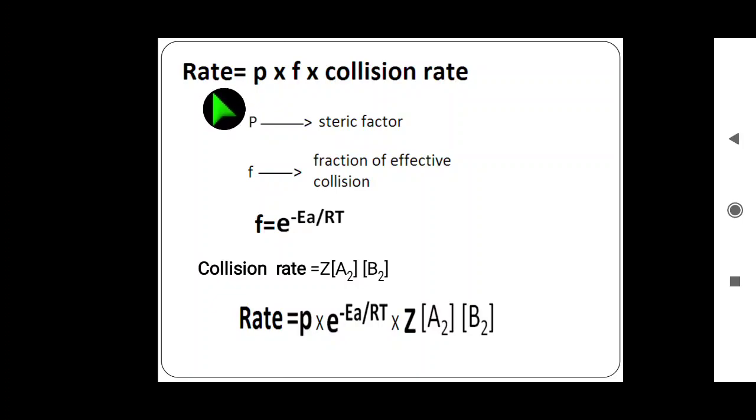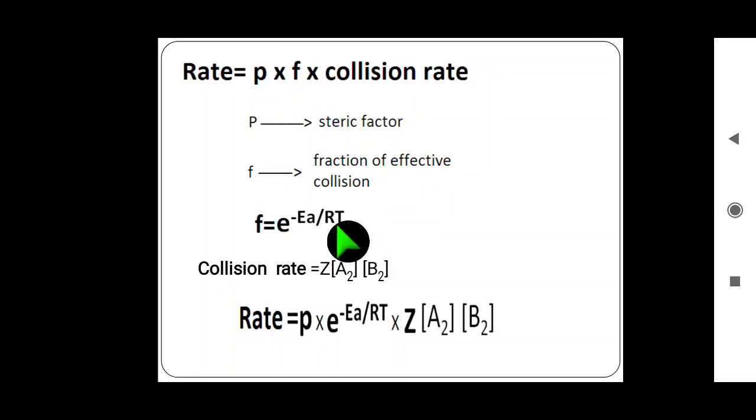Next, what is the difference between rate and collision rate? Usually, from the rate law, the rate, or speed of the reaction, equals P, the steric factor. F means the fraction of effective collision, which should be multiplied with the collision rate. We have known that F equals e power minus EA by RT.